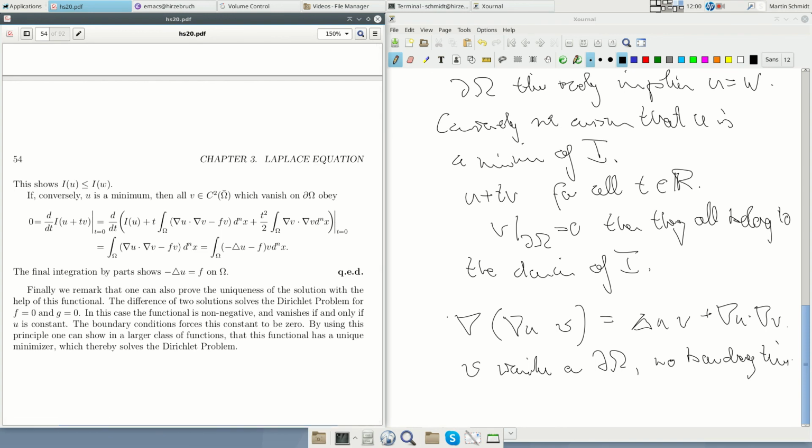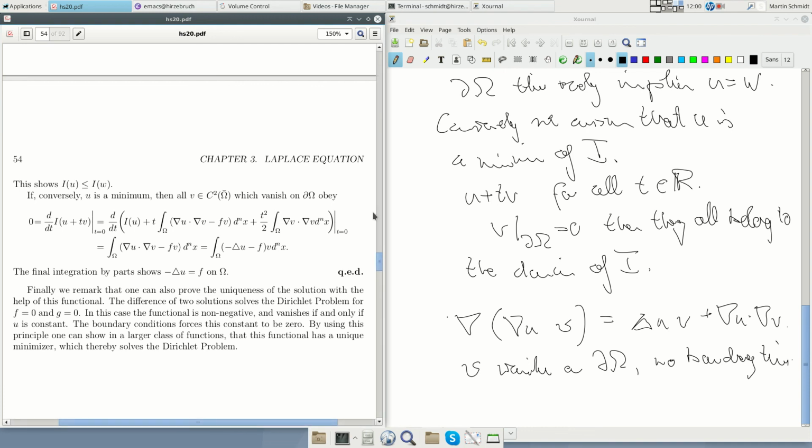If we can show that this variational problem has a minimizer, then we know that this minimizer has to be a solution of the Dirichlet problem. So by showing the existence of a minimizer, we get solutions. And this indeed can be carried out.